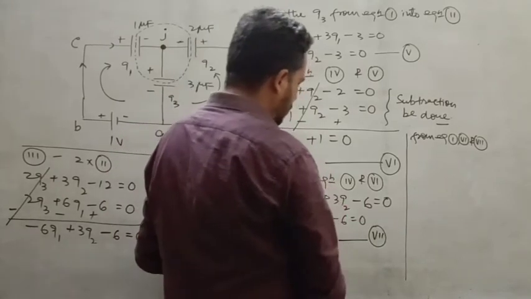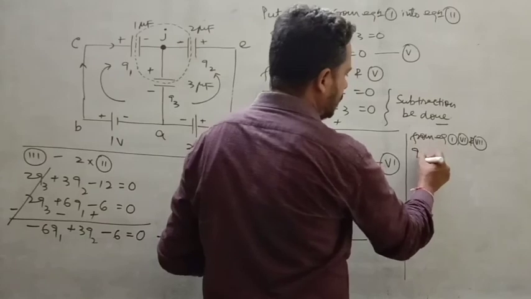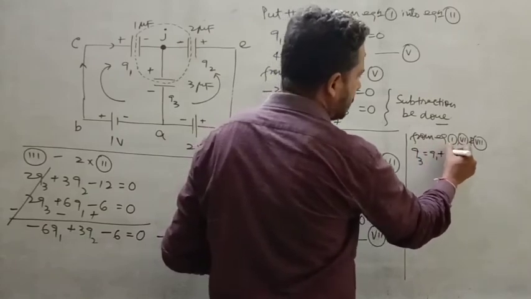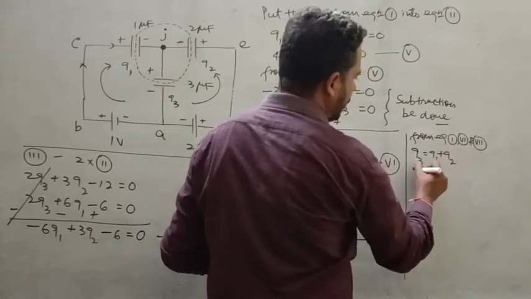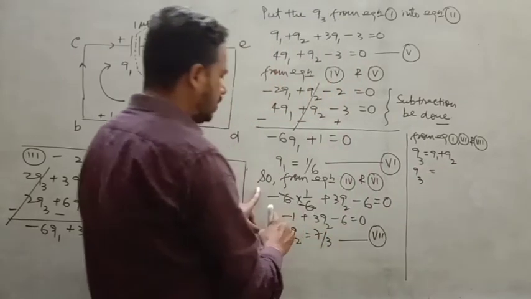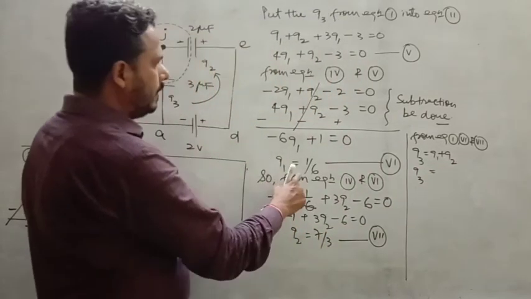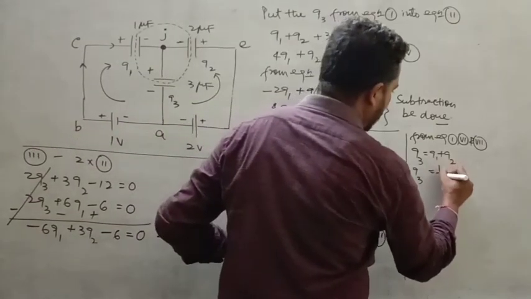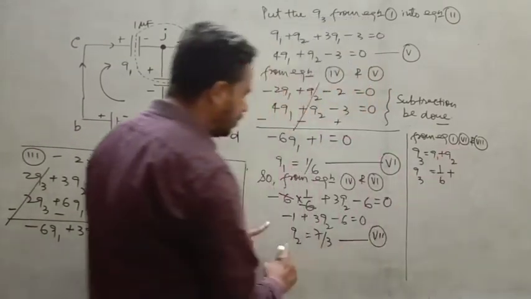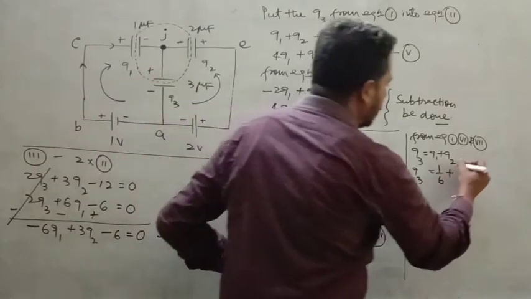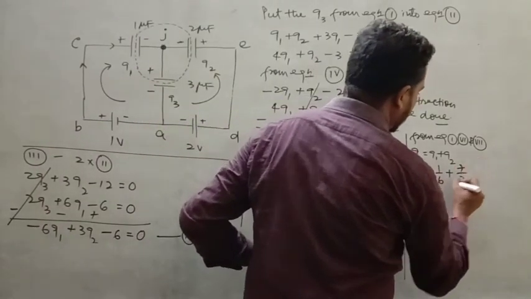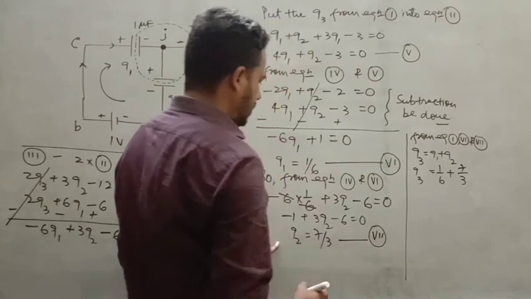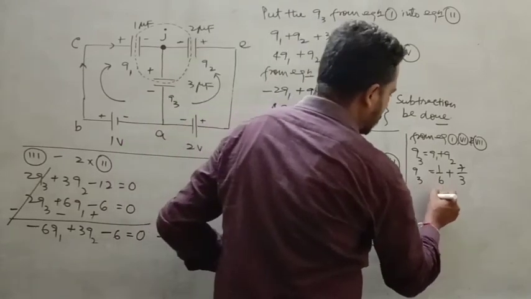Equation 1 is q3 is equal to q1 plus q2. Now put its value. Your q1 is 1 by 6 and your q2 is 7 by 3. Alright, just calculate this one.